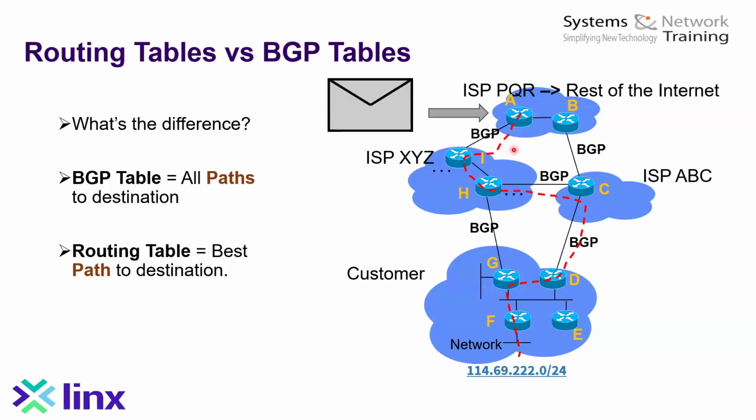All of them, not just A, but all of them. They'll all learn that, and so they'll keep a record of all the possible routes that they can take. And that's what the BGP table is. It's a record of all the different paths to get to a destination.